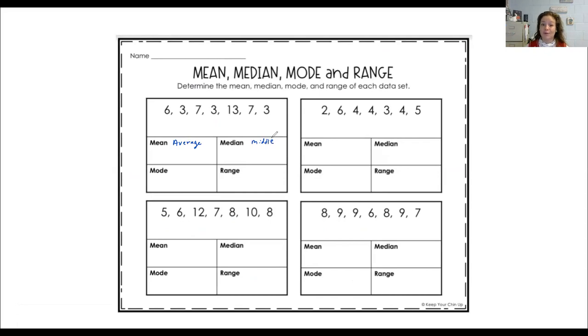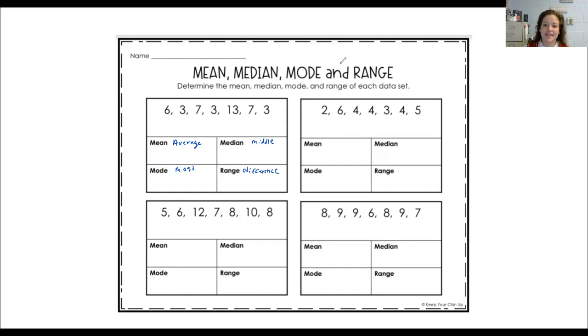In mode, what is it for mode? Most, very nice. And range, what about range? For range, we can use the word difference. And when we're talking about the difference, what operation is that? It is subtraction. Very good.